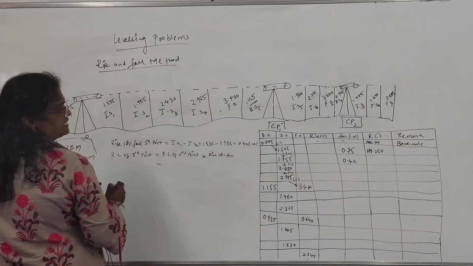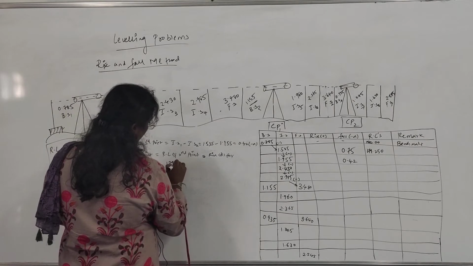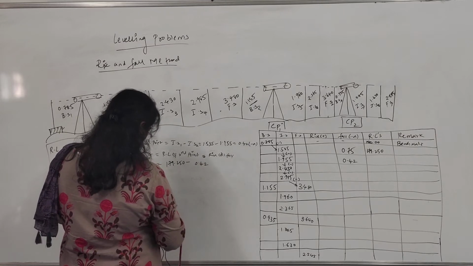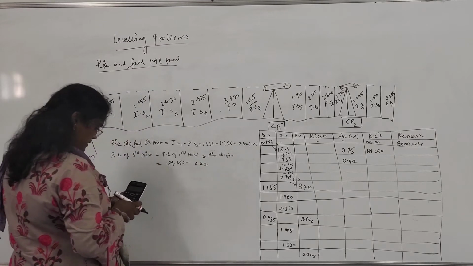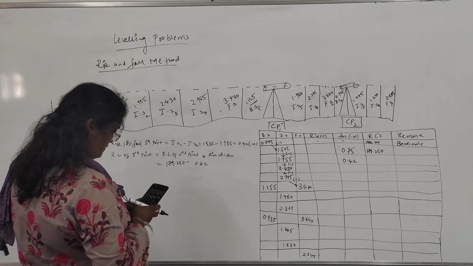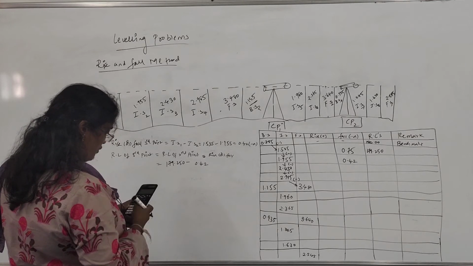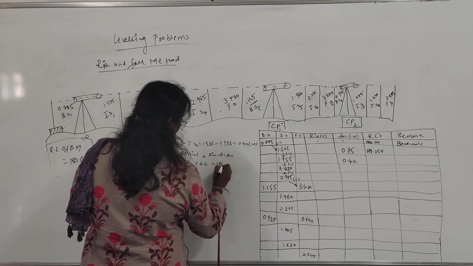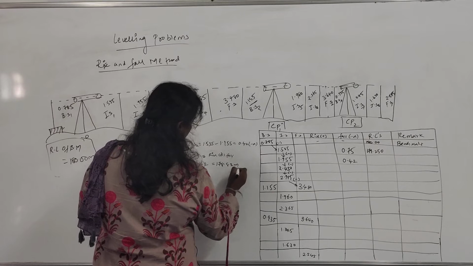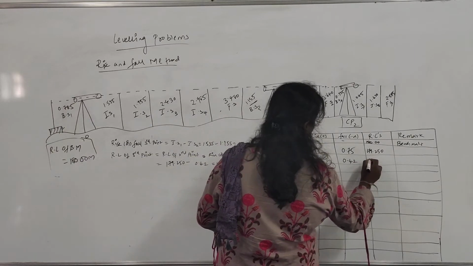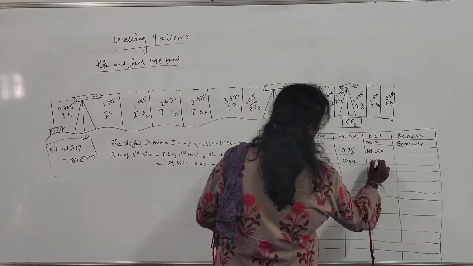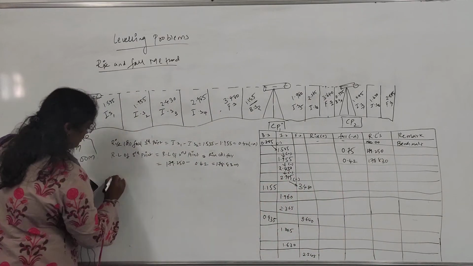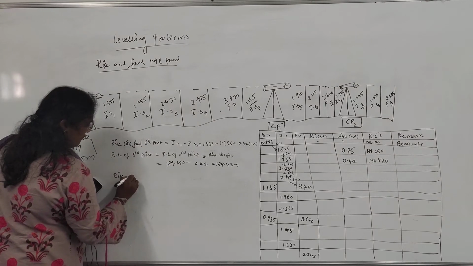What is the RL of the second station here? 179.250 minus 0.42. 179.250 minus 0.42 will give you how much? 178.830 meters. 178.830, right?